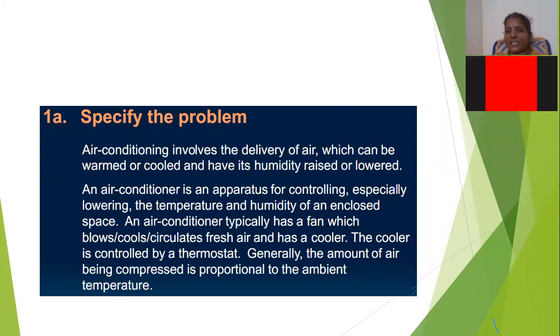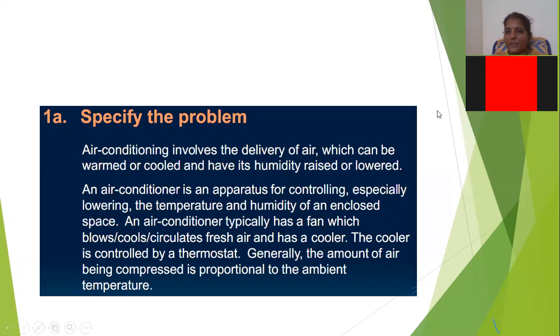An air conditioner is an apparatus for controlling, especially lowering, the temperature and humidity of a closed space. Almost all of us know that an air conditioner has a fan which blows, cools, and circulates fresh air, and has a cooler. The cooler is controlled by a thermostat. Generally, the amount of air being compressed is proportional to the ambient temperature.